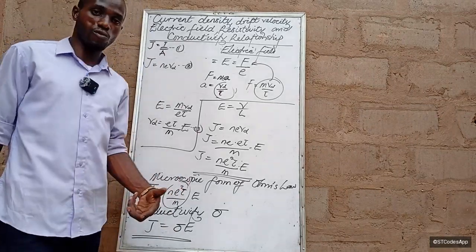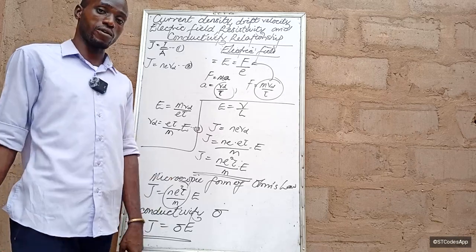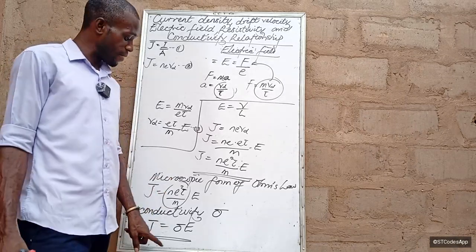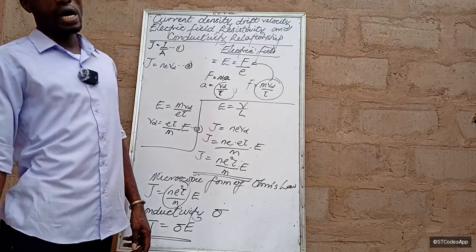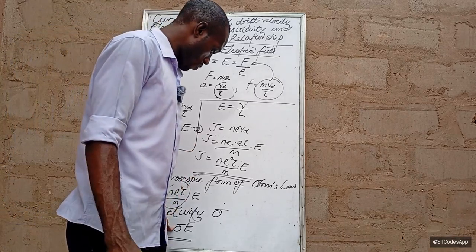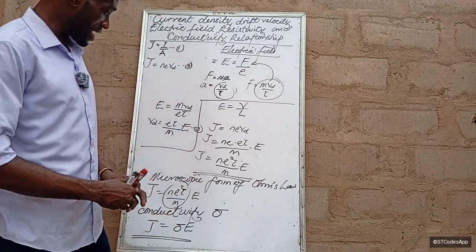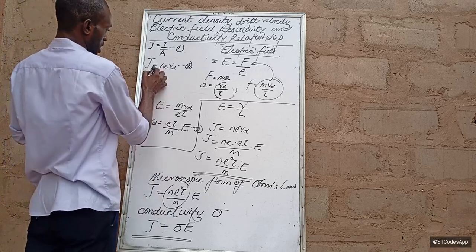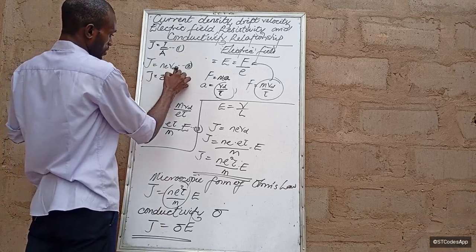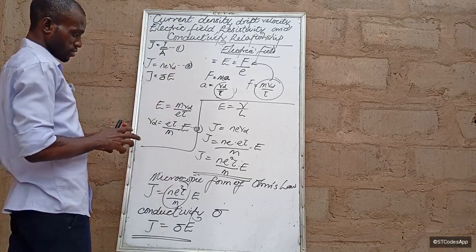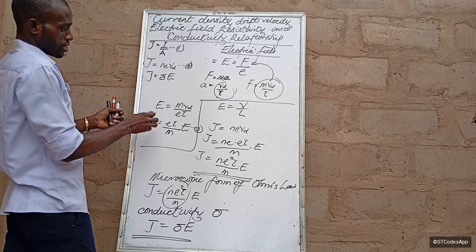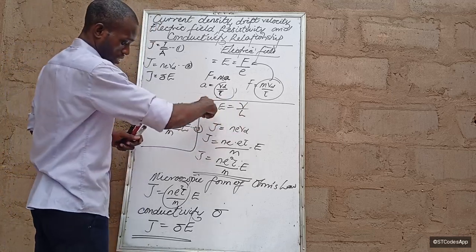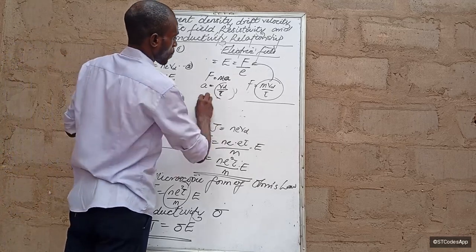So a more conductive wire may have a higher current density, and a less conductive wire may have a lower current density. All right. So we have another equation here that says J equals conductivity times electric field. So I'm going to clean all of this now. I've not worked with this yet. Let's see what we can do with that.